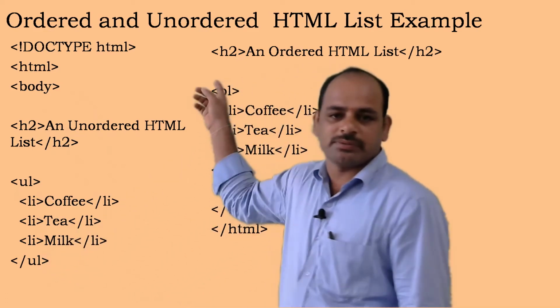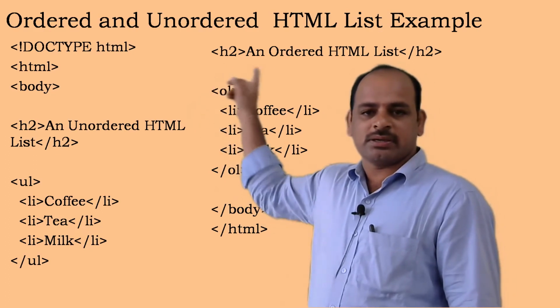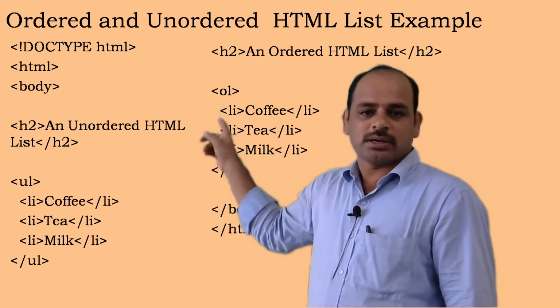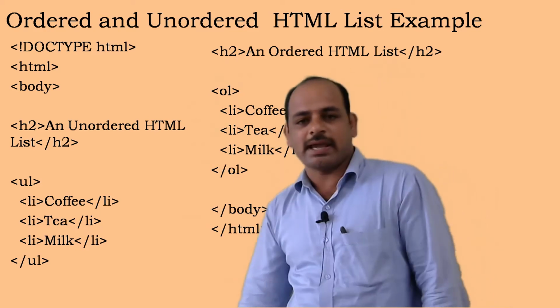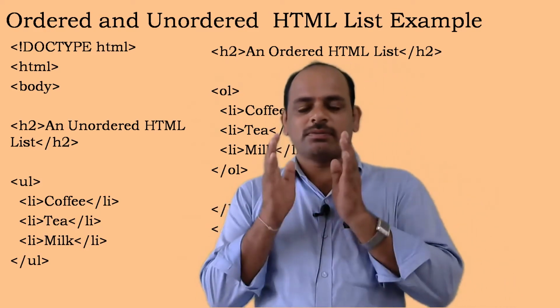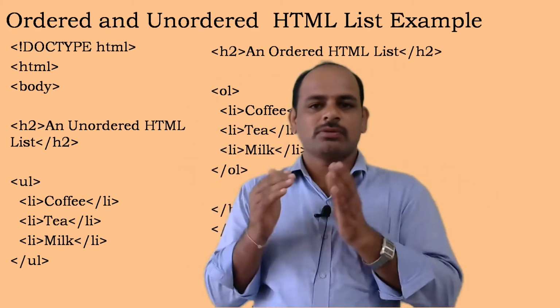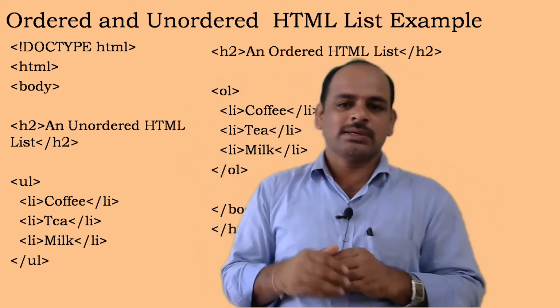Next, the ordered list: I use an H2, the second heading, 'Ordered HTML list', and OL, the ordered list. Again we use the li tag, which represents the items in the list.